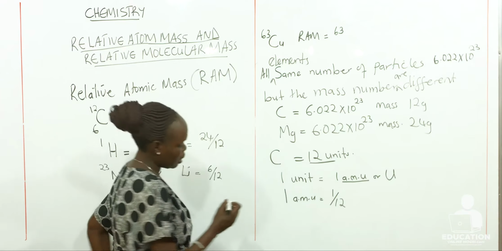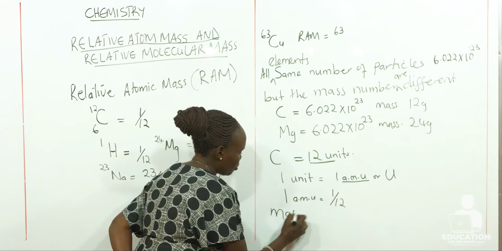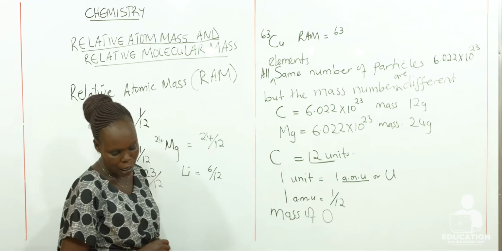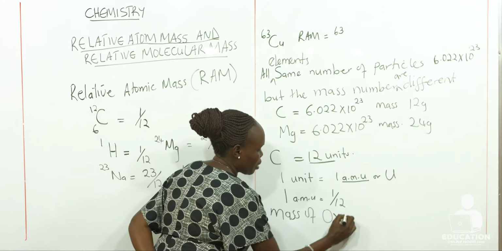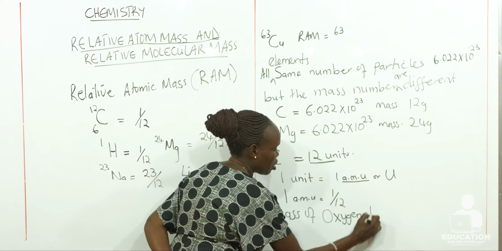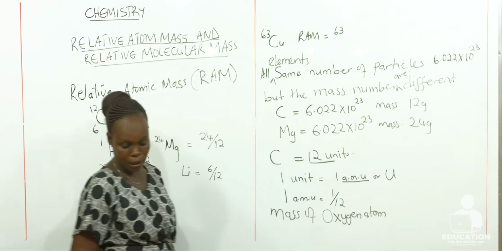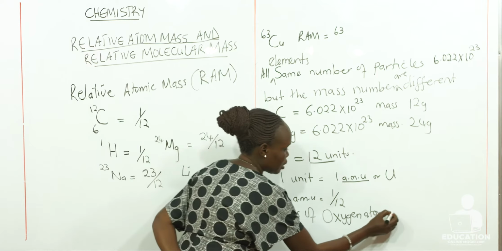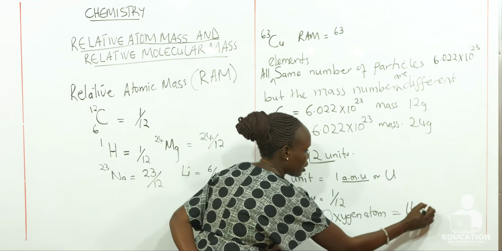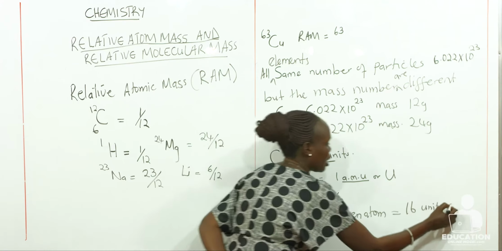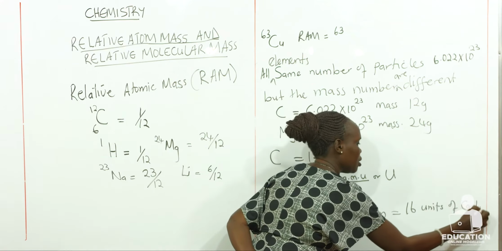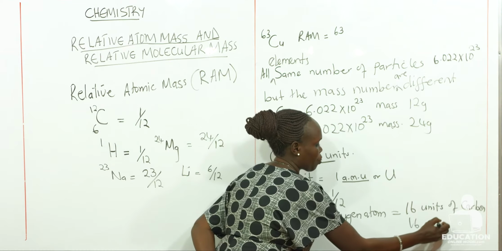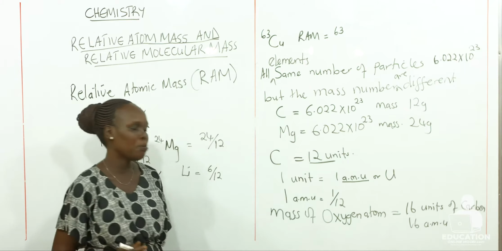So if we said mass of oxygen atom, the mass of oxygen atom, as we know from our previous lessons, we say that is equal to 16 units of carbon, or we can say 16 AMU, which is the atomic mass unit.